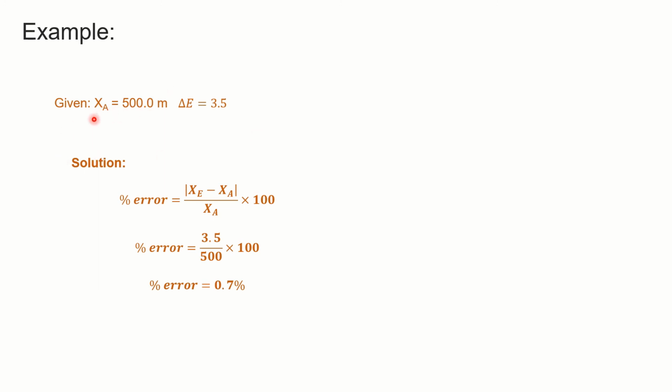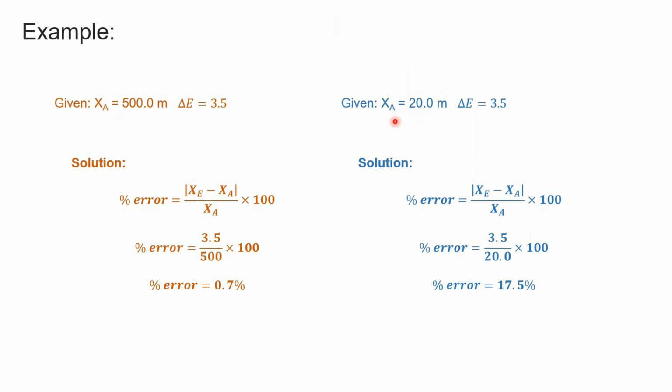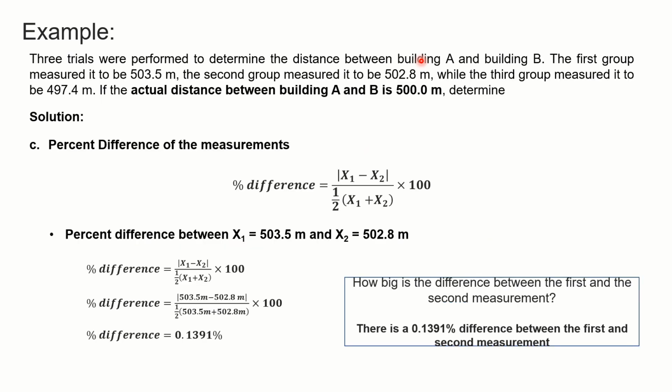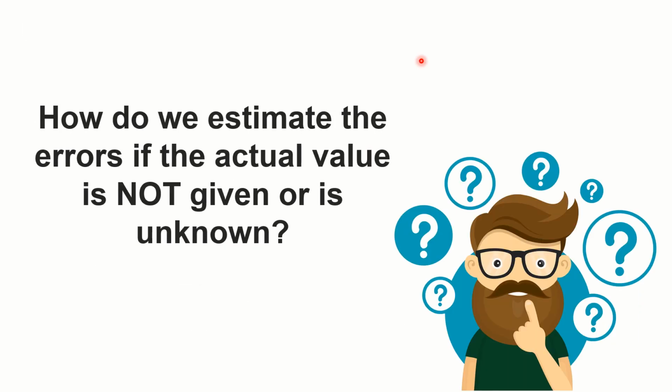So, ayan, for example, dito, given si 500, and this one given si 200. So, we can compare our error with the actual value. But, what if we do not know? So, what if the actual value is not given or is unknown? How do we estimate the errors? So, that will be discussed in the next video.